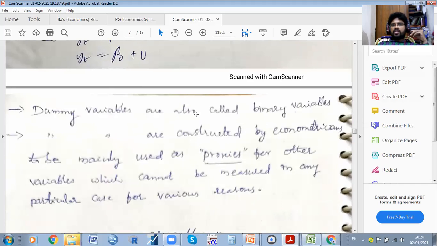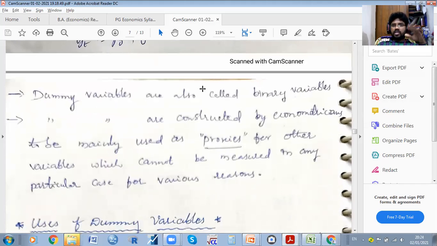Dummy variables are also called binary variables. As we know, binary means two, so a dummy variable takes the values 1 and 0 only. Dummy variables are constructed by econometricians to be mainly used as proxies for other variables which cannot be measured in a particular case for various reasons.